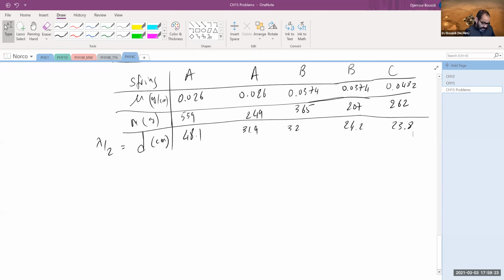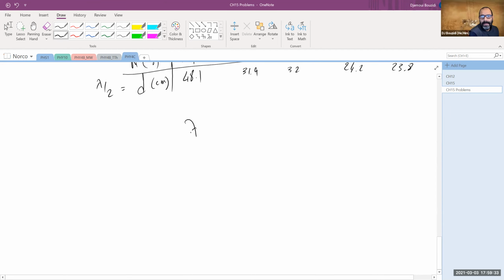Question B, graph mu times D squared versus the mass M. Okay, let's see what's going on in here. We're given lambda. Lambda is just 2D in these problems, all of them, because this is the distance between node to node, and it's half a wavelength, therefore lambda is this much. That is one thing.